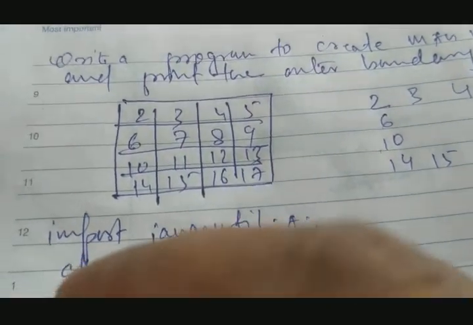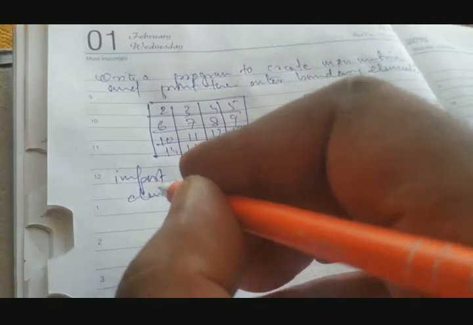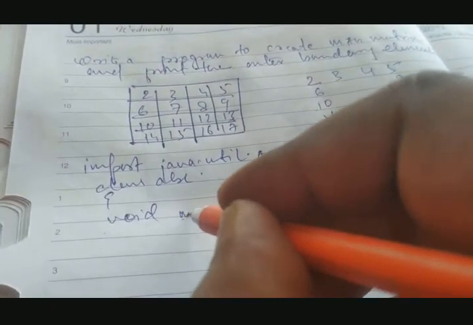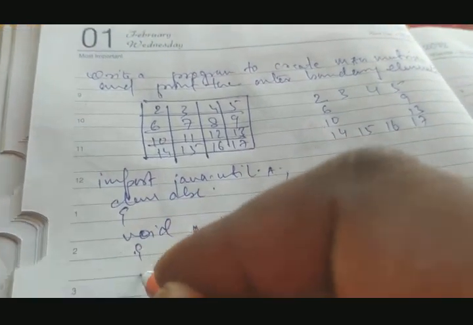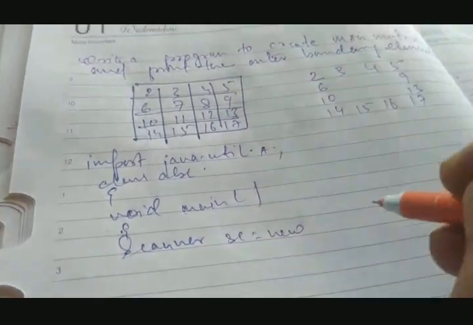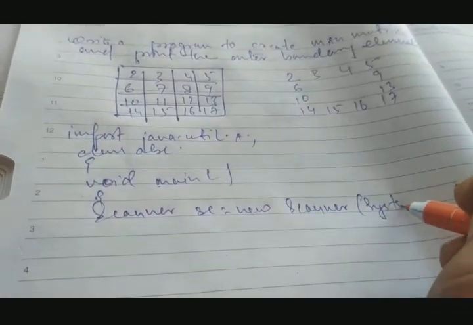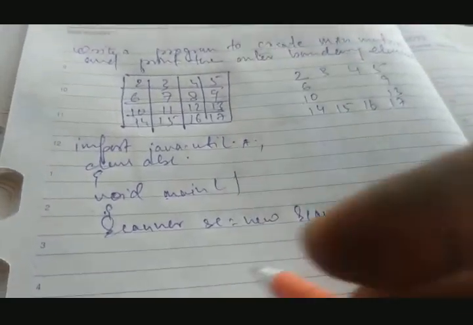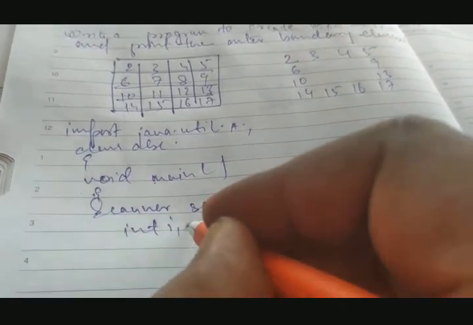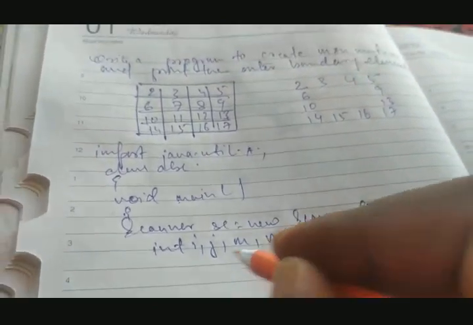import java.util.*; class ABC, void main. Scanner, int i, j, m, n. This is what is required.